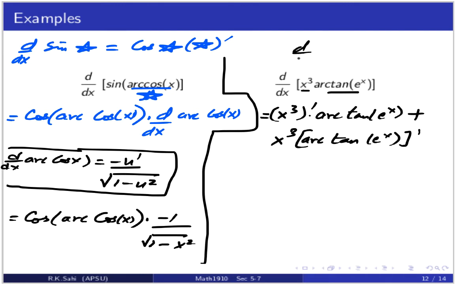Now remember, the differential of arc tangent u is u prime over 1 plus u squared.